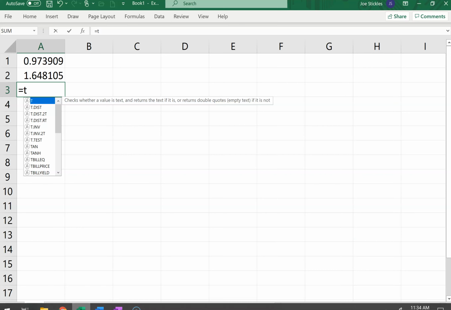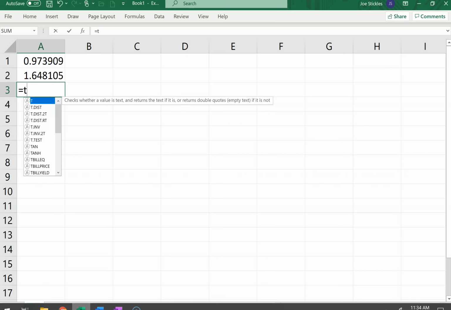These first ones here are for finding probabilities associated with a particular t-value. These other ones are finding a t-value that gives you a particular probability. It's the inverse, right?